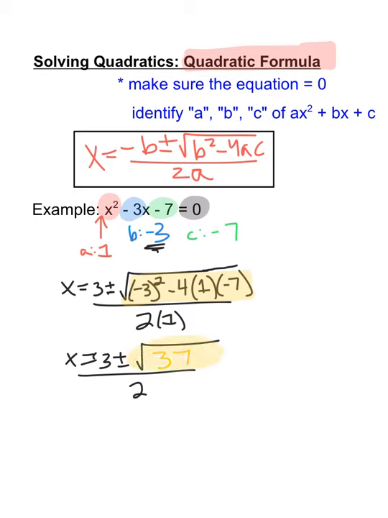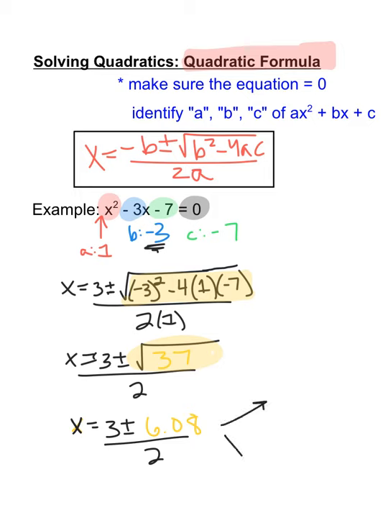And I just keep rewriting the parts that I haven't solved yet. So x equals 3 plus or minus the square root of 37 is 6.08 all over 2. And now the last step, when we want to get 2 answers for the x-intercepts.